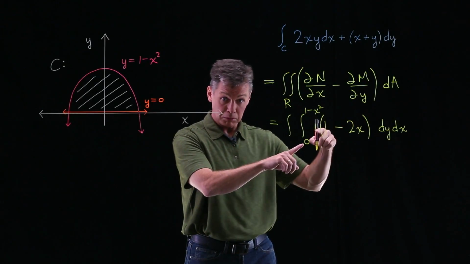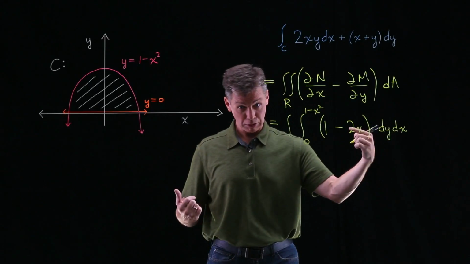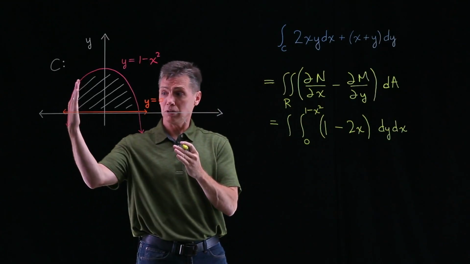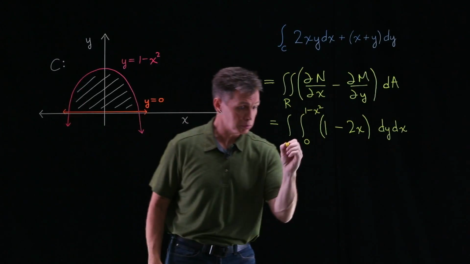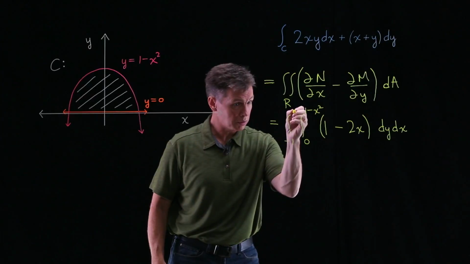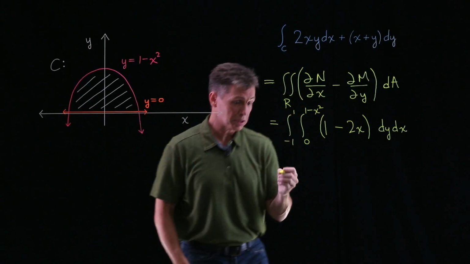That'll put everything in terms of x. So when I integrate with respect to x, back to the graph, all I need to worry about is a low value of -1 and a high value of +1. So from -1 to 1. Now you're set to go in terms of the integration.